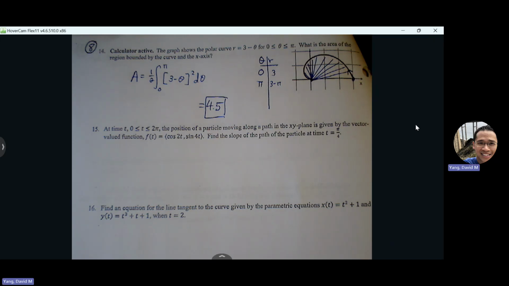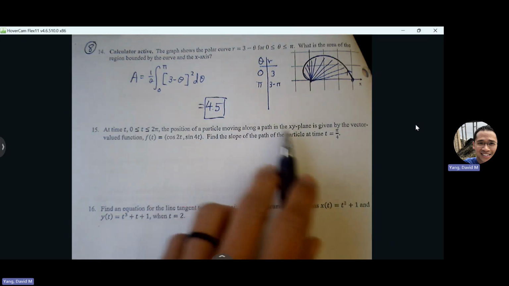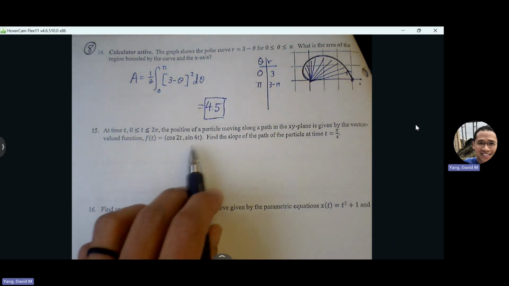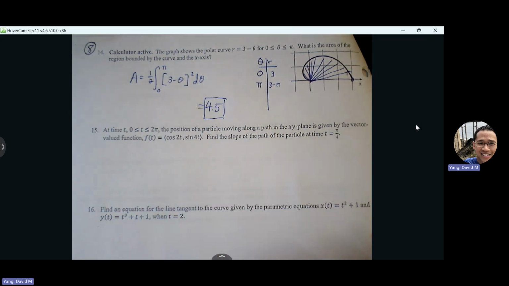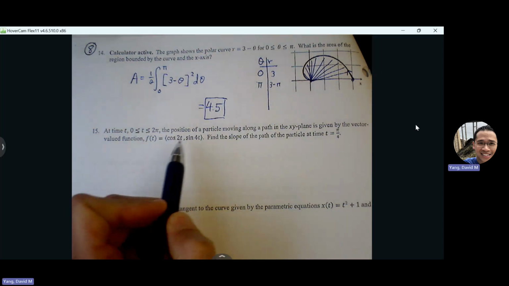Okay, at time t equals 0, between 0 and 2 pi, the position of the particle is given by a vector valued function. Find the slope of the path. So we have our x component, we have our y component.